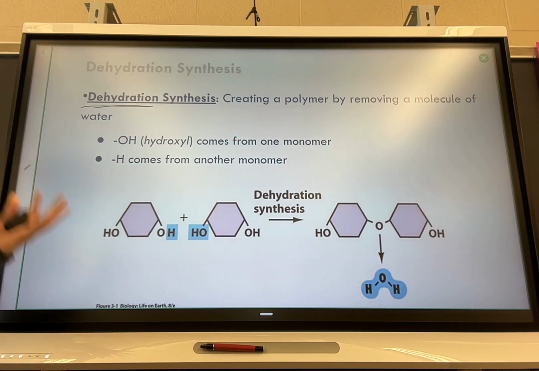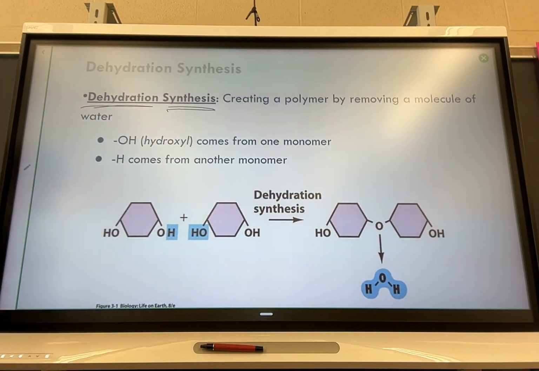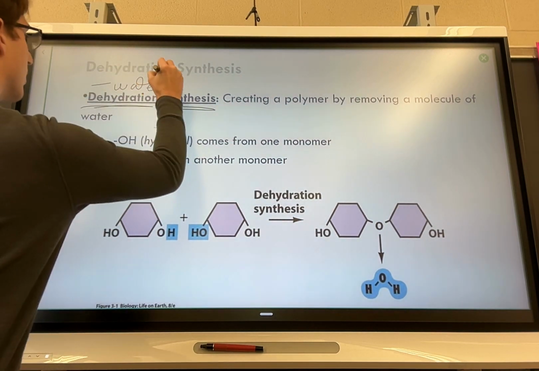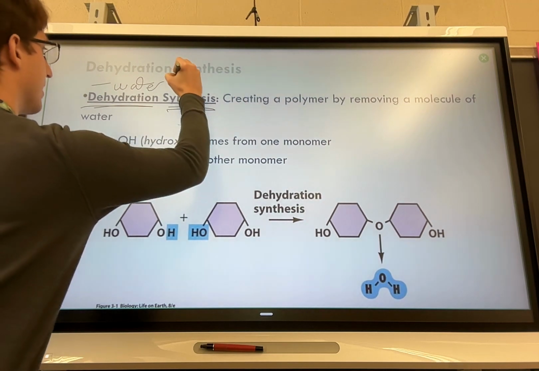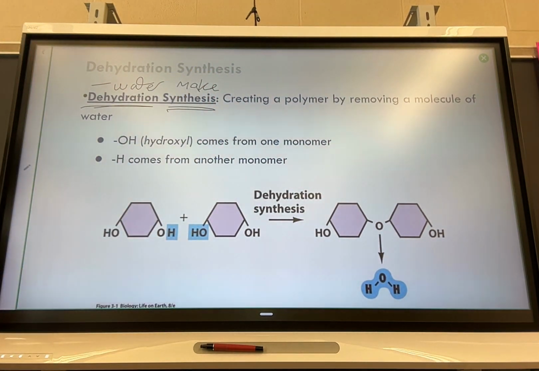If you ever go to a hot place, usually you get really dehydrated, you got to drink a lot of water. Synthesis, to synthesize is to make something. So, minus water, and make. So we are making something by removing water.